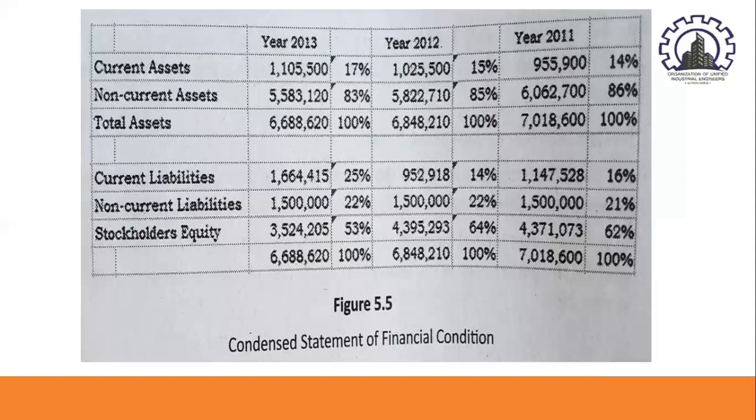Now, to interpret the results, the company has put 17% of its total assets to current assets. Current assets are very important to a business, as this will be your working capital. And if the business has difficulty in working capital, it will resort to short-term borrowing to sustain the day-to-day operations.